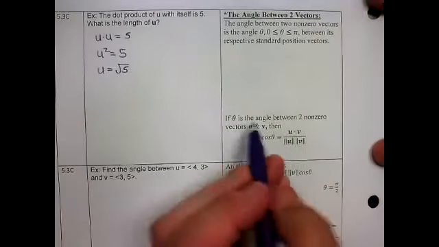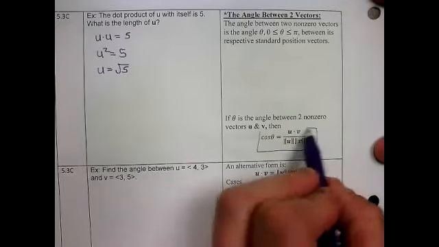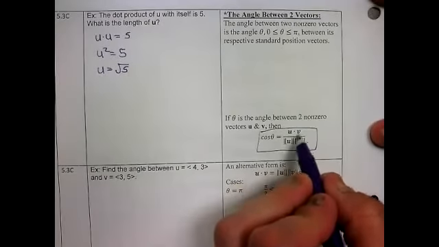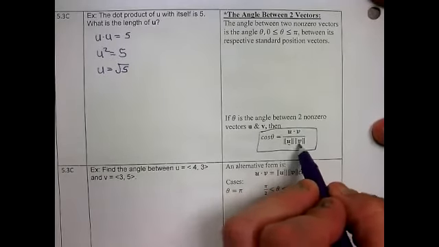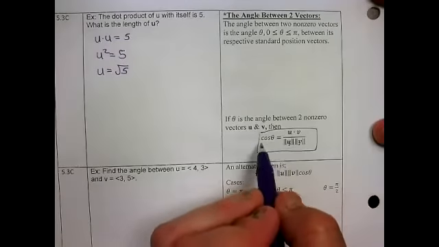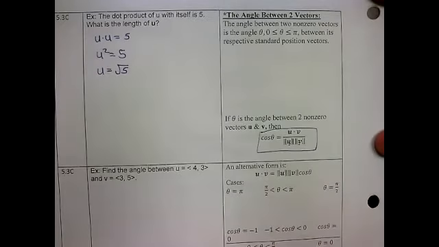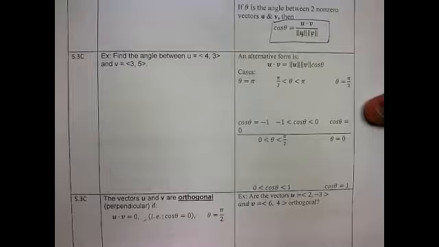If theta is the angle between two non-zero vectors U and V, then this is the formula. You find the dot product divided by the magnitudes multiplied together, and that equals the cosine of theta. So you're usually going to have to do the inverse cosine. Let's go ahead and find an angle between these two vectors.